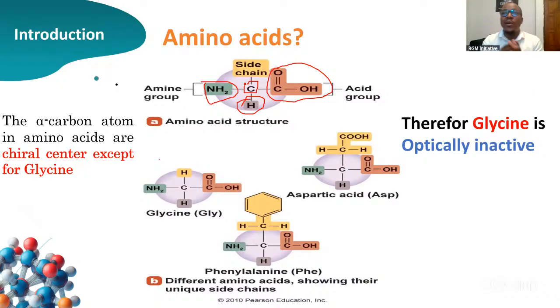So the amino group is attached to the alpha carbon. That is why it is referred to as an alpha amino acid. There are other amino acids that are not alpha amino acids. We have gamma aminobutyric acid, which is GABA, a neurotransmitter. It's an amino acid, but it is not an alpha amino acid.